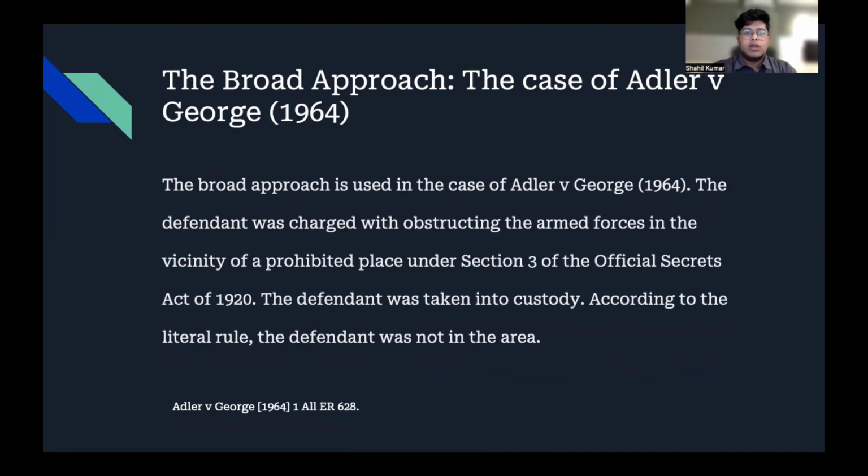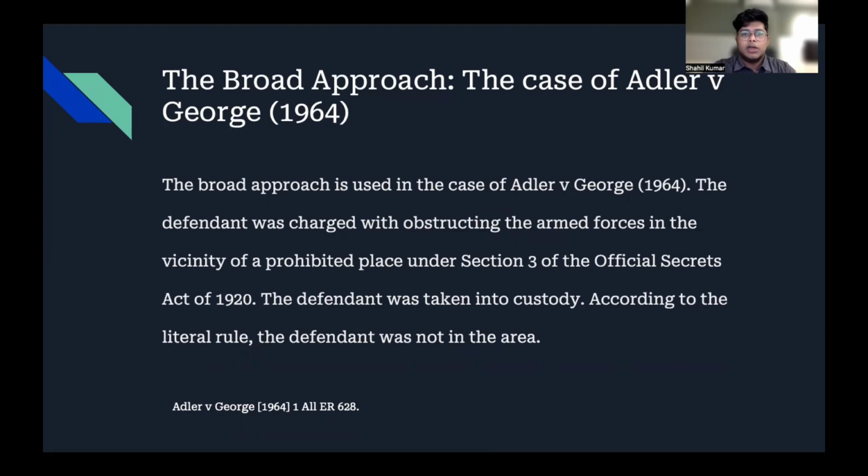When there is more than one possible interpretation of the statutes and legislation, the court takes the broader approach. The courts may change this wording, but they must not vary from the legislation's original meaning or intent. The broad approach is used in the case of Adler v. George in 1964. The defendant was charged with obstructing the armed forces in the vicinity of a prohibited place under Section 3 of the Official Secrets Act of 1920.